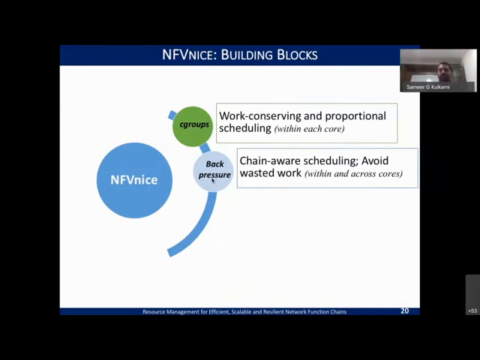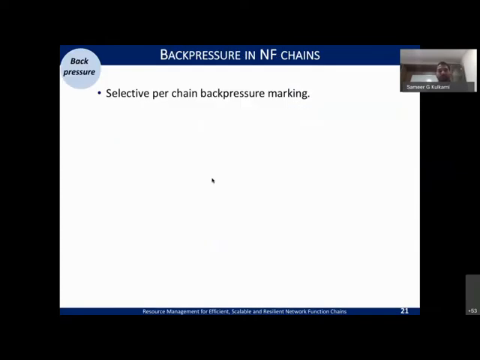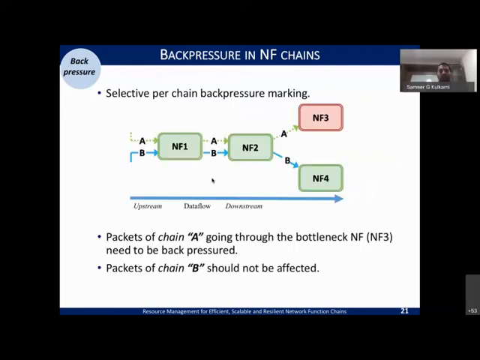So here, what we are trying to do is, when you know the chain, you want to see for each chain, how can you ensure that you don't process more packets than what the next guy in the chain can process. That is the whole logic. And in networks, this has been studied for years.